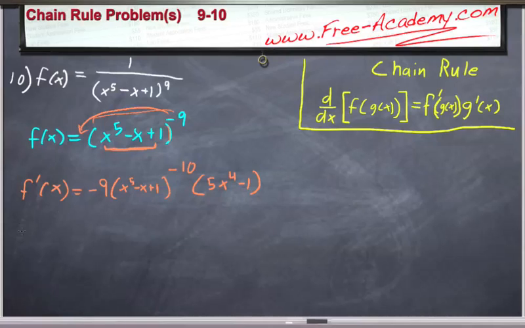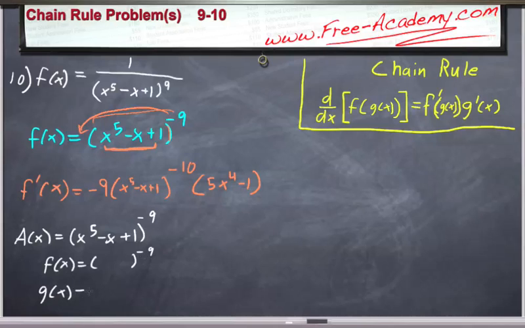But now, just to be thorough, let's do this problem just like I did problem 9. A of x equals x to the fifth minus x plus 1 to the negative 9th power. We'll rename f of x as the parentheses to the negative 9th. Our g of x will be what's inside the parentheses, x to the fifth minus x plus 1.